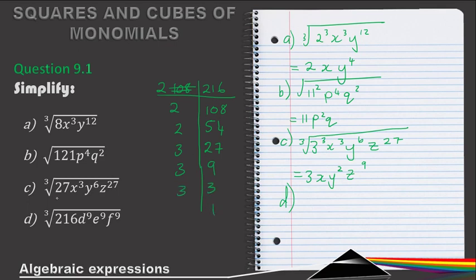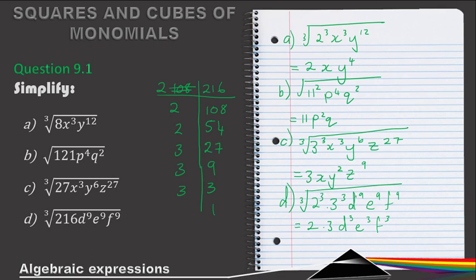So to rewrite 216, we write it as 2 to the power of 3, there's 3 2s, times 3 to the power of 3. And then we have d to the power of 9, e to the power of 9, and f to the power of 9. So this then becomes 2 times 3, d to the power of 3, e to the power of 3, f to the power of 3.